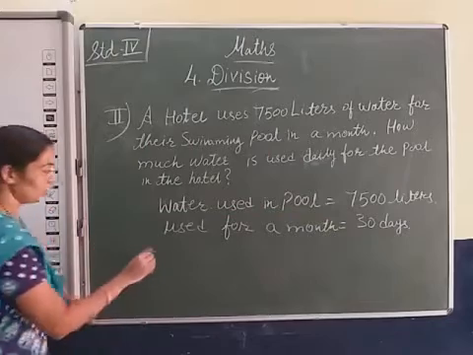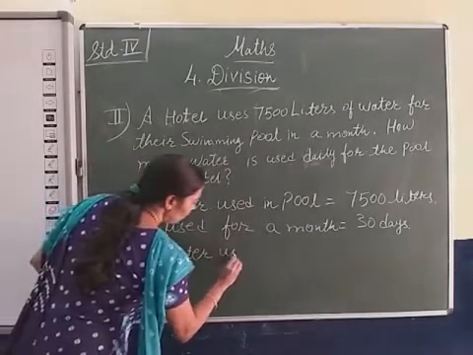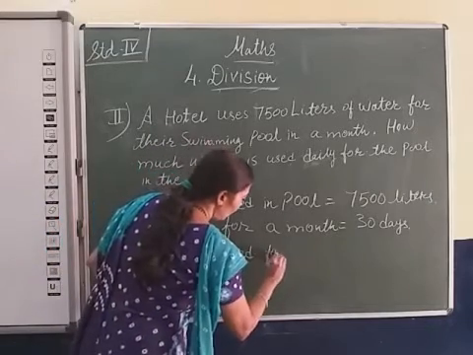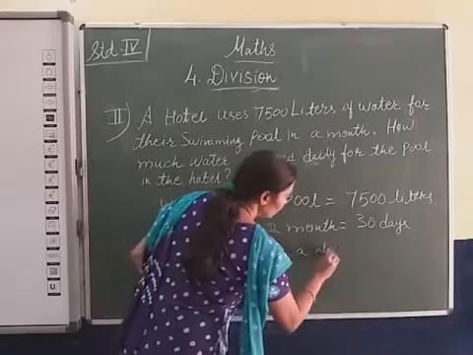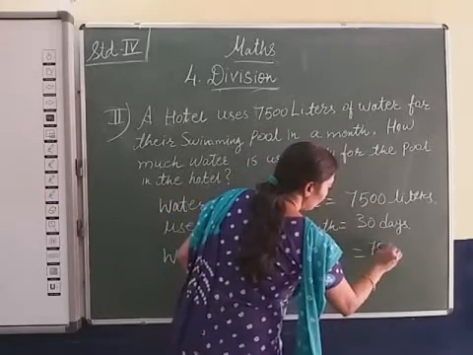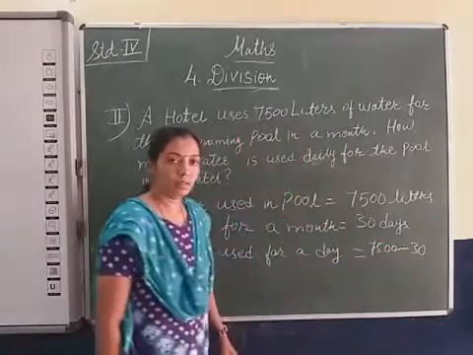Now we find out water used for a day. So 7500 divided by 30.